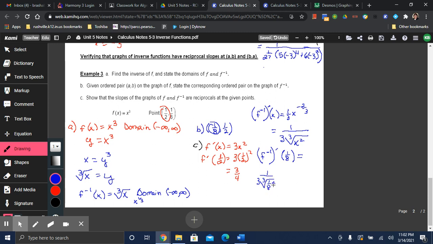Now that may seem a little intimidating, but it's really not. So that's 1 over 3, and then I'm going to do the third root last. I'm going to do the 1/8 squared first. So that's 1/64th, and the third root of that is 1/4.